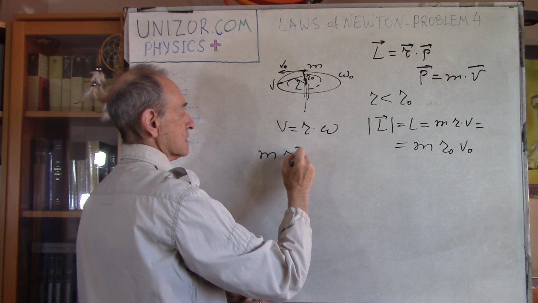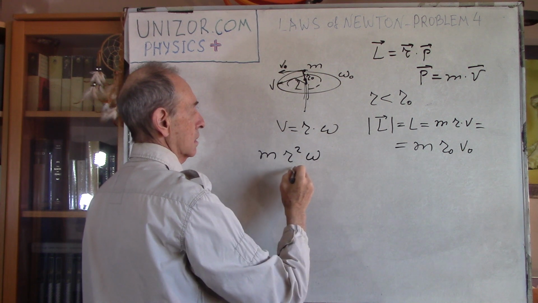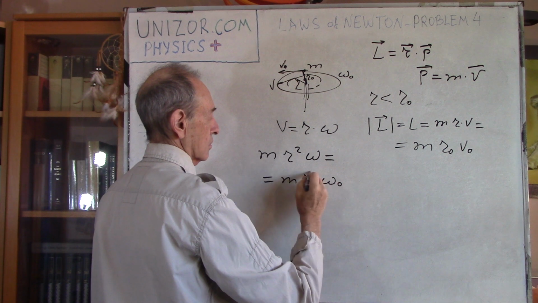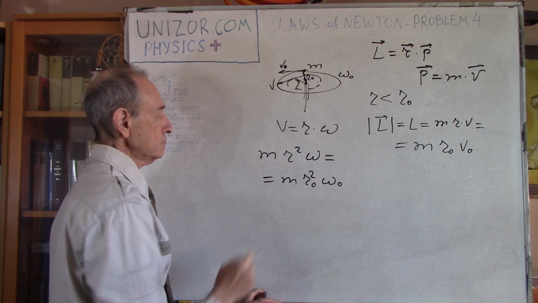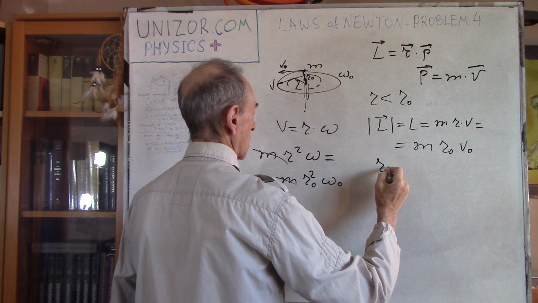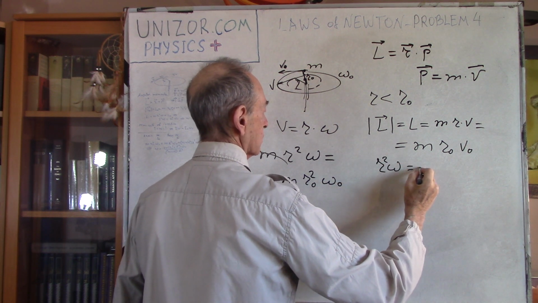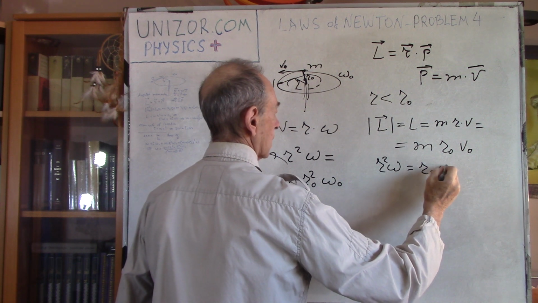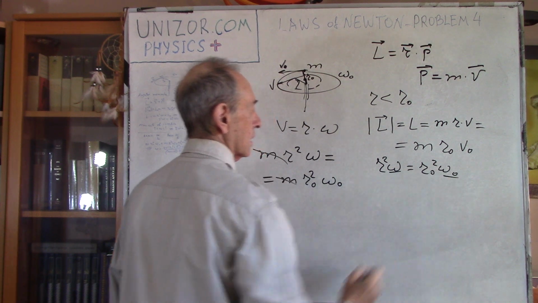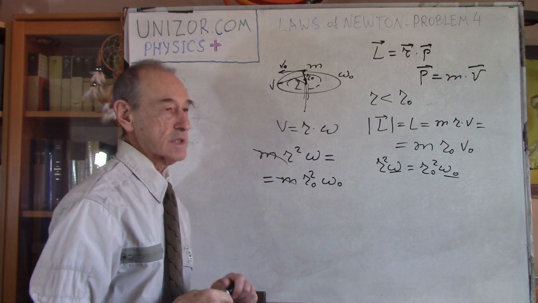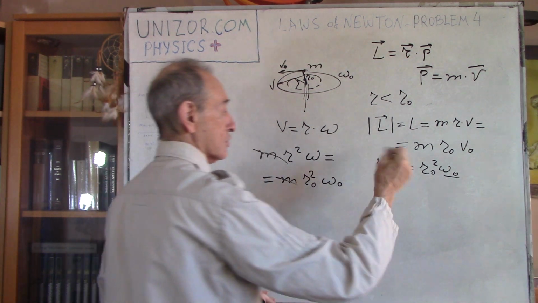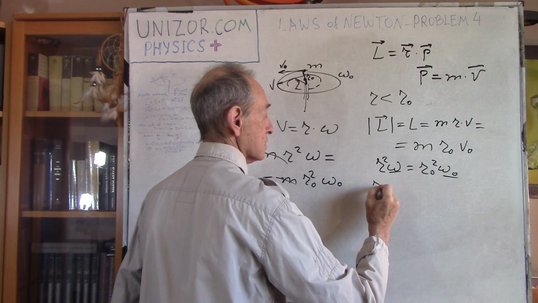It would be m r square omega is equal to m r0 square omega 0, from which r square omega is equal to r0 square omega 0. So my angular speeds of rotation are inversely proportional to the squares of the radiuses, right?